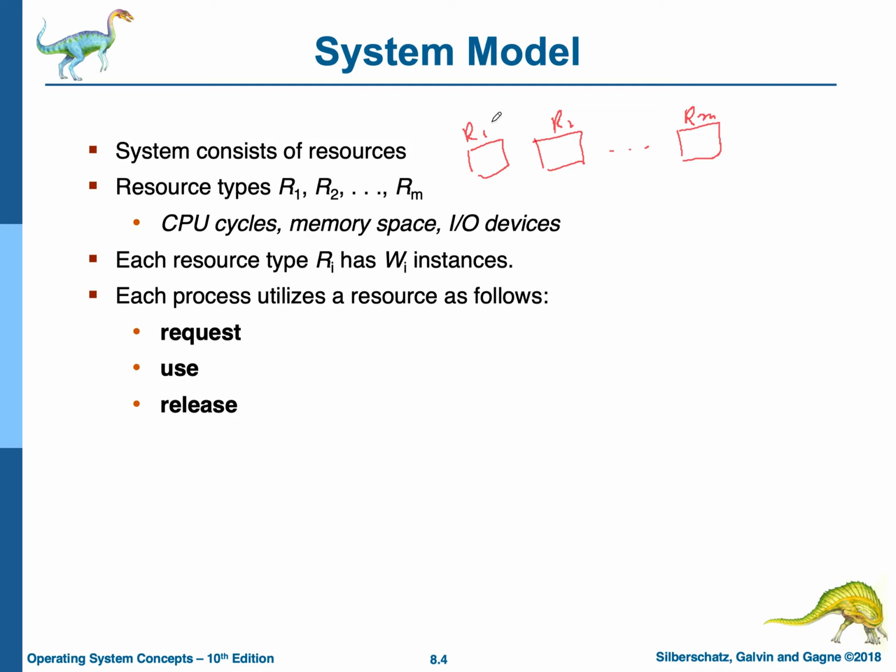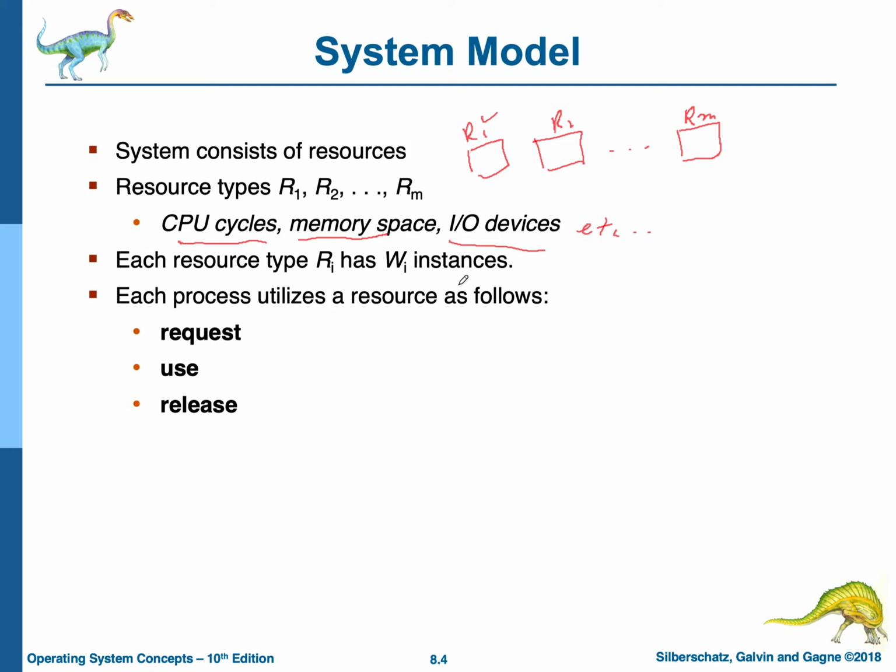In this chapter I'll be representing resources like this with R. R1, R2, up to RM are the resources such as CPU cycles, memory space, IO devices, etc. So these are the resources of the system.